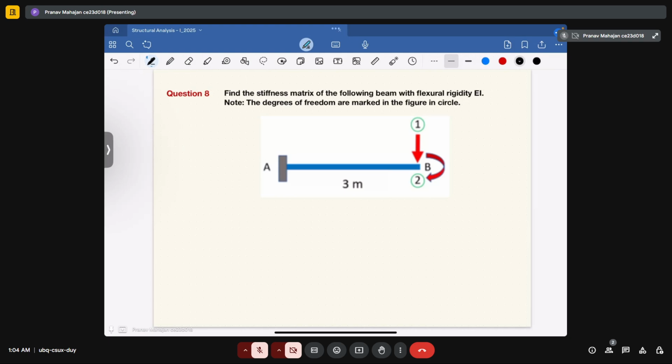If we neglect the axial deformation, you have two degrees of freedom, 1 and 2, provided in the figure. Now what is expected of you is to calculate the stiffness matrix for this problem.